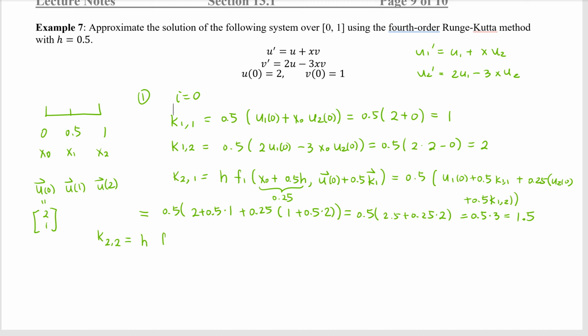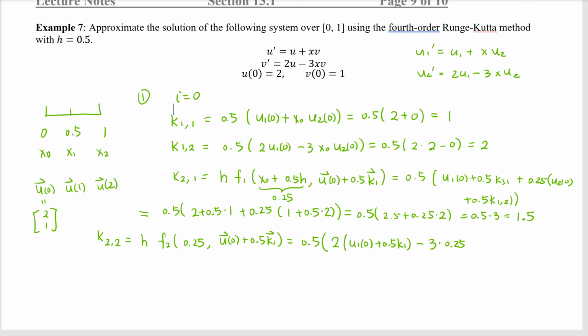So F2 of x0 plus 0.5 h, this is still 0.25, but this is u0 plus 0.5 of k1. Okay, so 0.5, and then we have 2u. When you see u, that's the u1 of 0. Sorry, let me write it better. u1 of 0 plus 0.5 k1 minus 3x, x is 0.25.